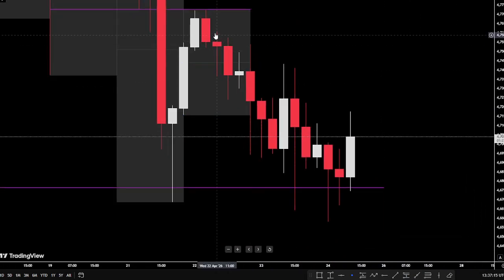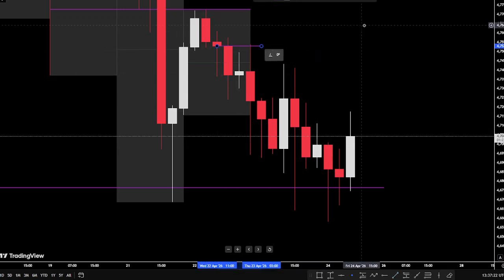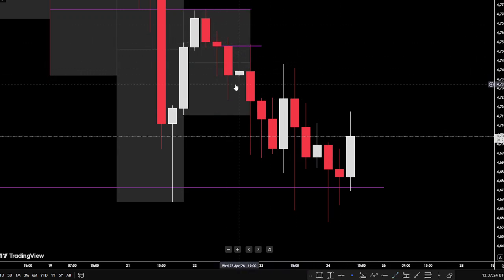So we have one bearish candle, another bearish candle, creating for us an open close key level. Not just that, we have this single candle creating a perfect liquidity candle, acting as perfect liquidity.